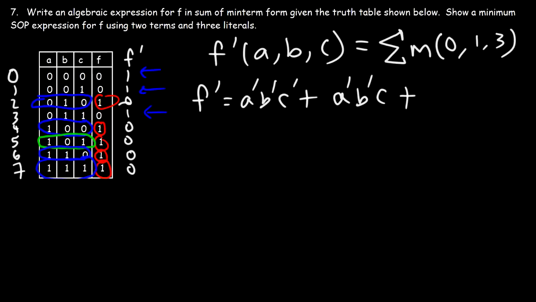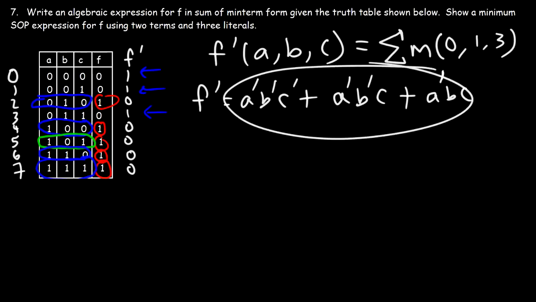Now, the next time we get a 1 for f prime is 0, 1, 1. So A is 0, let's write the complement of A. B and C are 1, so let's write the original variables for B and C. So this is what we now have. Now, how can we simplify this expression?